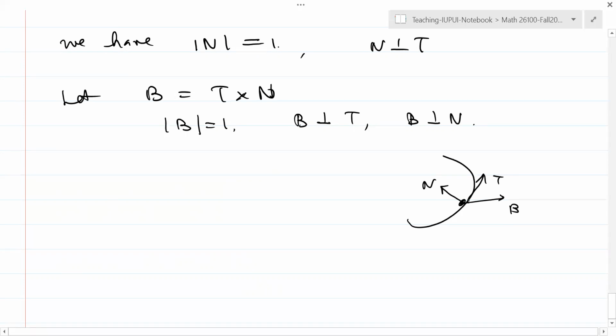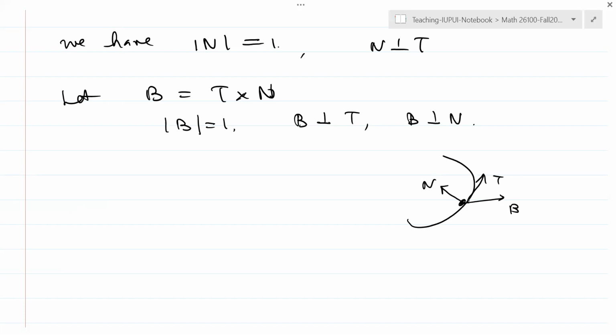All right. So our point is, if we are not given a parametrization with respect to arc length, how can I do all this computation? How can I find the tangent vector?